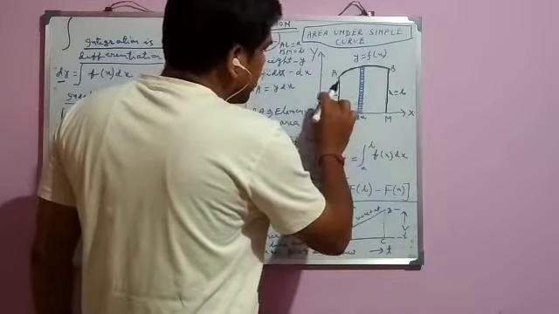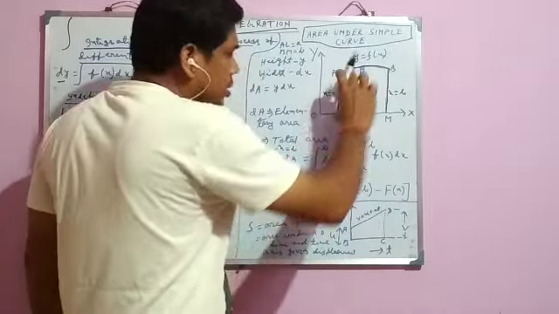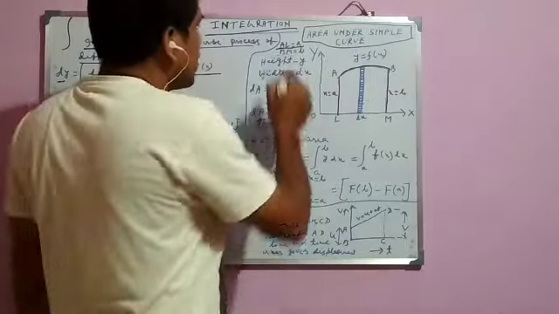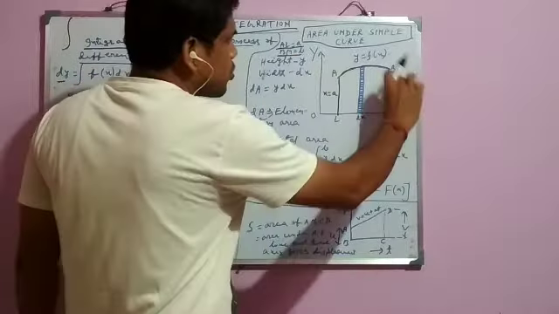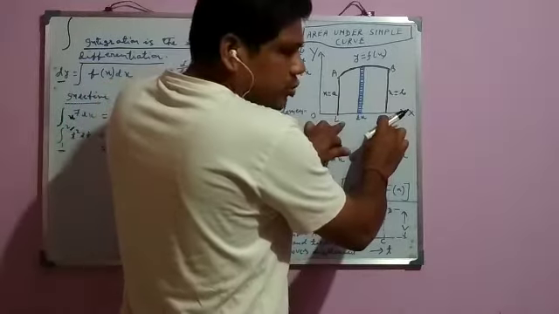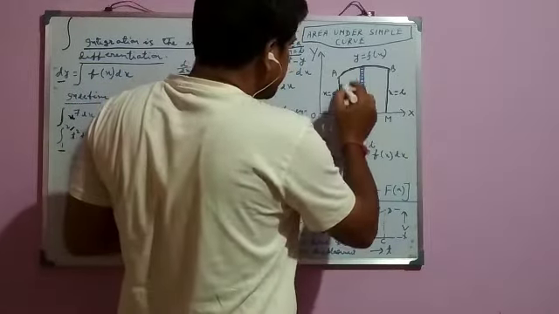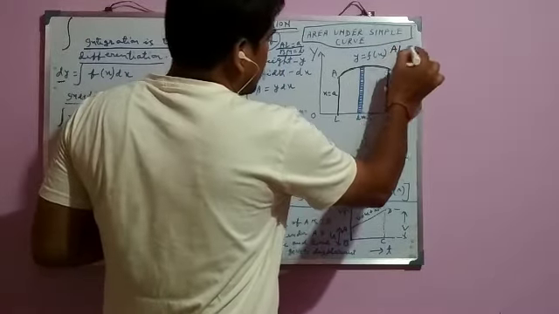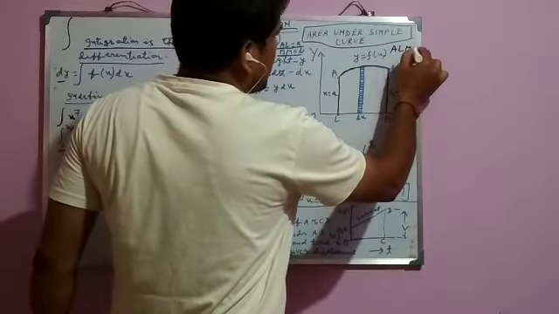Here AL equal to small a, and BM equal to small b. Now the area bounded by this curve with the positive x-axis is this much: ALMB.